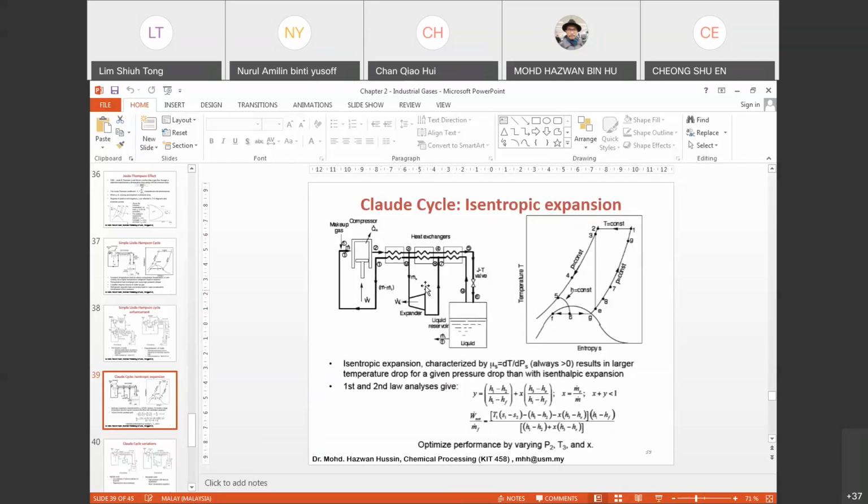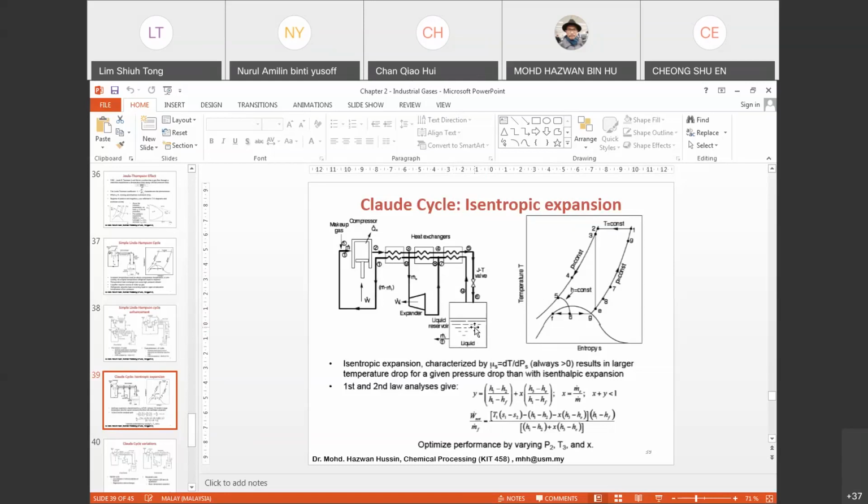Something you need to notice over here is that there is an installation of an expander. The expander actually works during the recycle of the gas. So when there is an increase of entropy, probably in the reservoir tank, the pressure will be decreased.